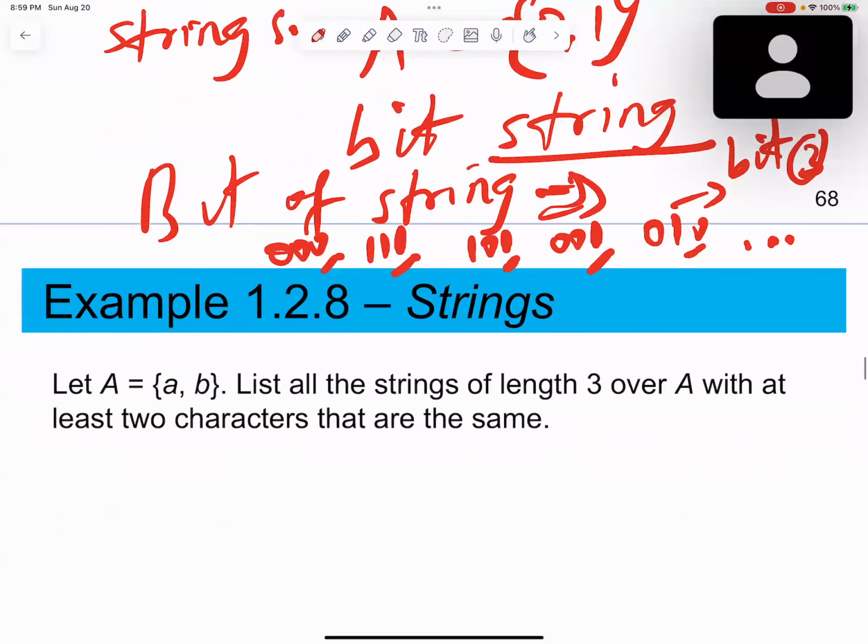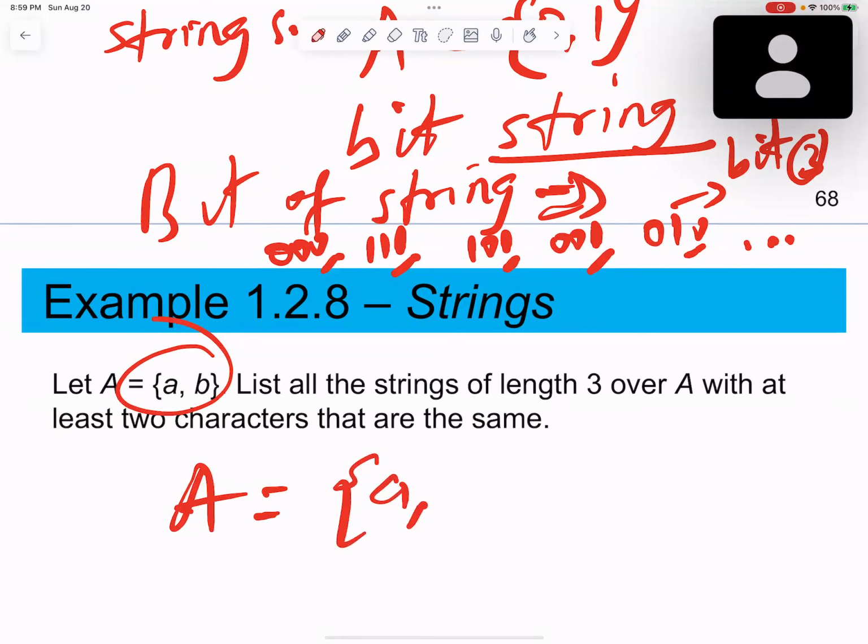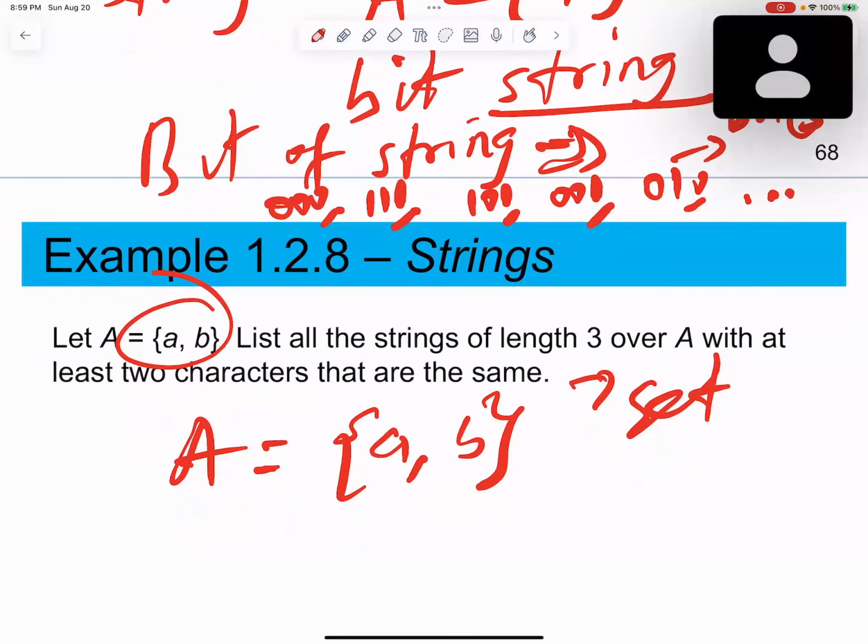Okay. Now look at the example right here. You have A to be a and b. This is a set. Now, the question says, list all the strings of length 3 over A with at least 2 characters that are the same.